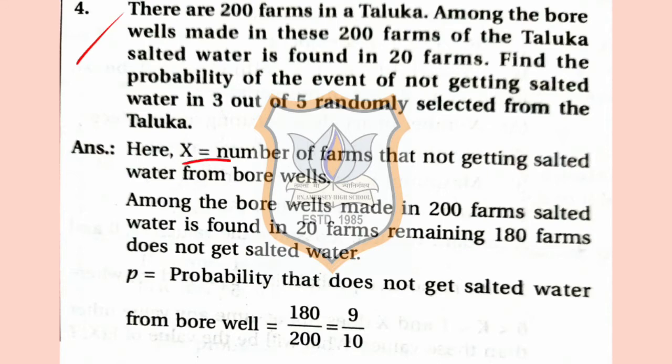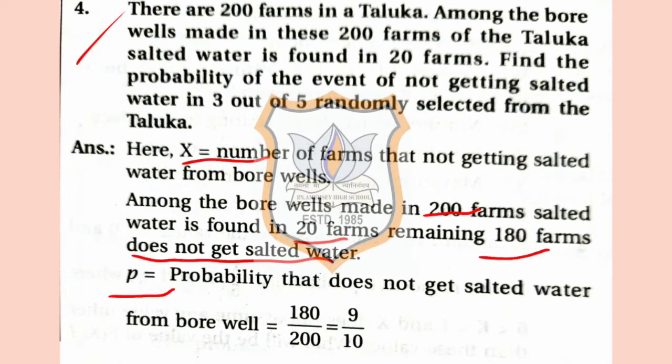So let us denote X. What is X? Number of farms not getting salted water. Now in 200 farms, 20 farms are there which are salted. So 200 minus 20 will give us 180 farms. And what is 180 farms? They do not have salted water.